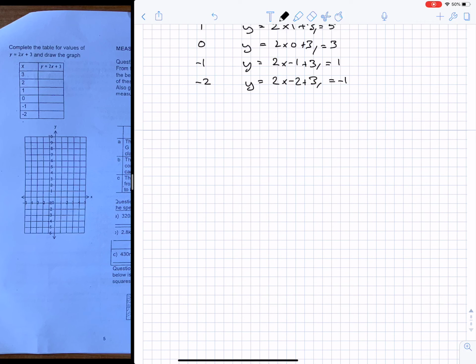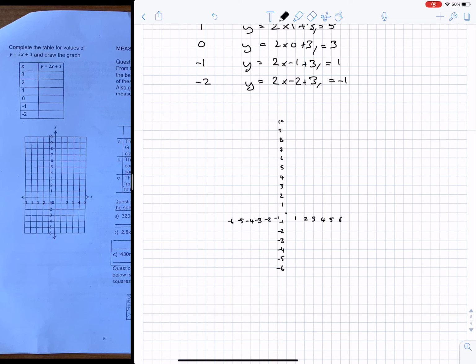So starting here, you've got 1, 2, 3, 4, 5, 6, 7, 8, 9, 10. You've got negative 1, negative 2, negative 3, negative 5, negative 6, 1, 2, 3, 4, 5, 6, and negative 1, negative 2, negative 3, negative 4, negative 5, negative 6.